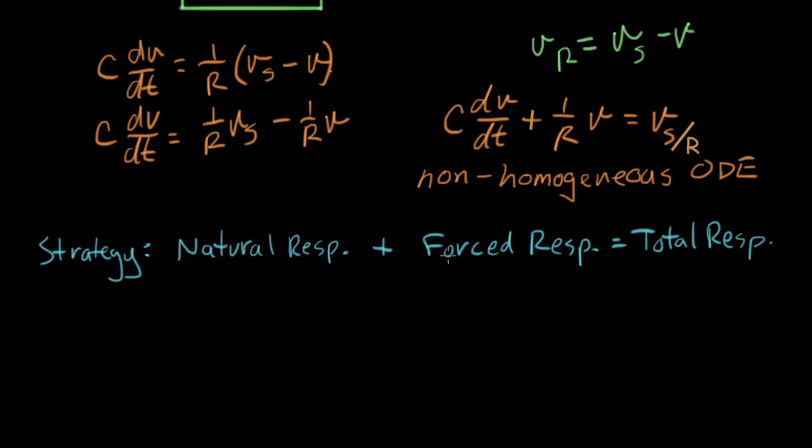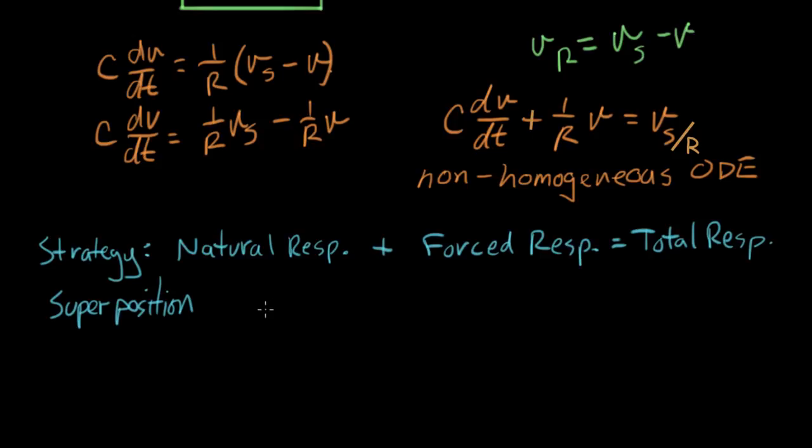And when we add those 2 things together, we get what the circuit is going to do altogether. This is another good application of superposition. We take 2 things that the circuit does, analyze them separately, and then add them together, superimpose them, to get the total response.